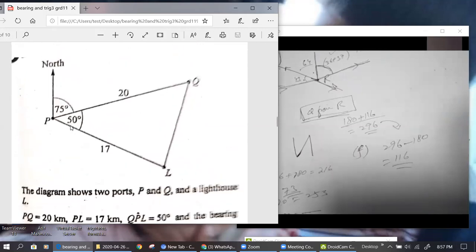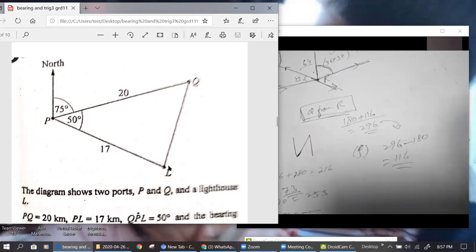What is the bearing of P from L? P from L, so L to P. This line will extend. Okay, so be careful now. Tell me, what's the answer? You also have to draw the extended line for L, right? Yeah, of course, you will extend the line. You can draw the line over here.